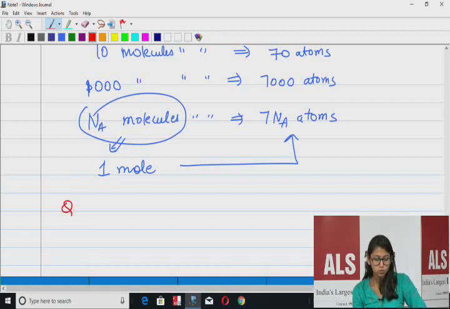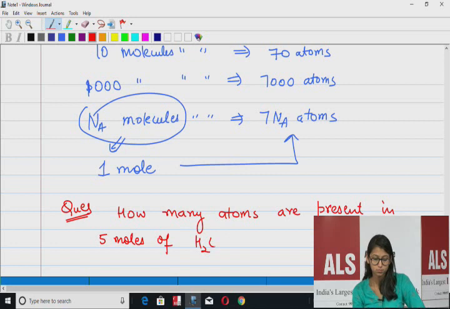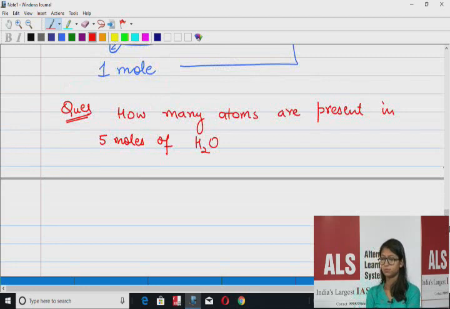So, let's do one question then. How many atoms are present in 5 moles of water? First of all, you people will find out the molecules.